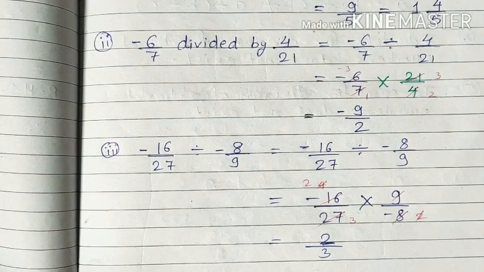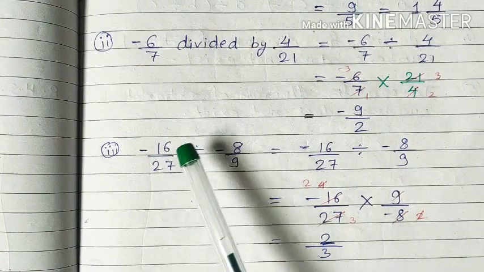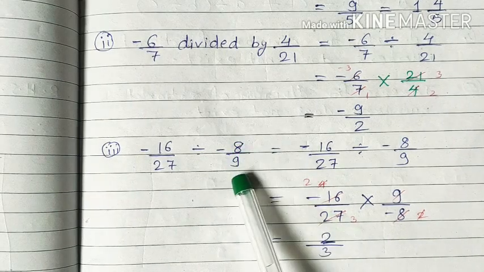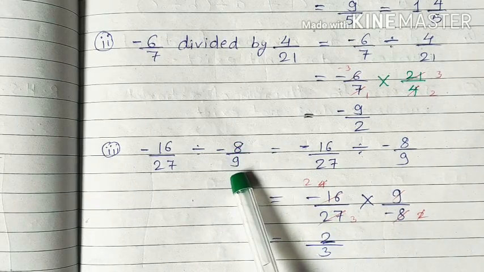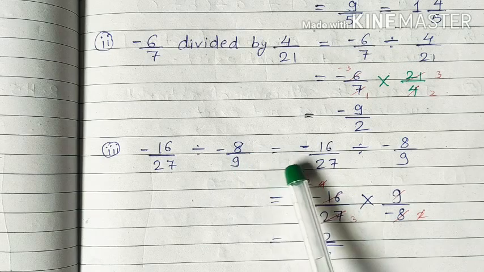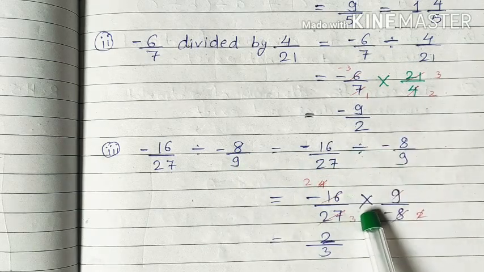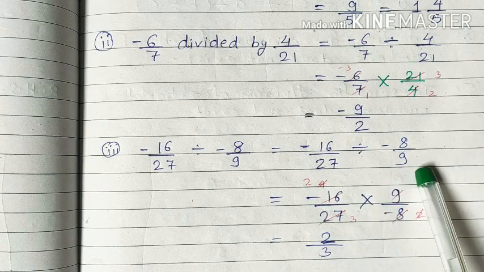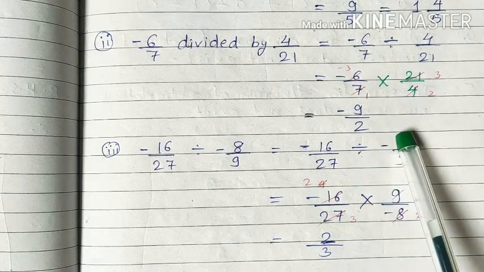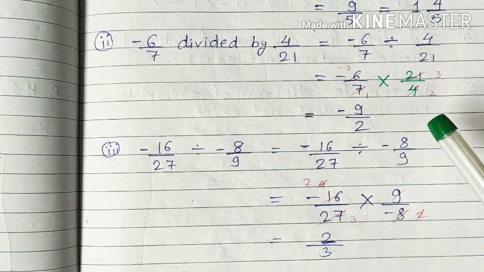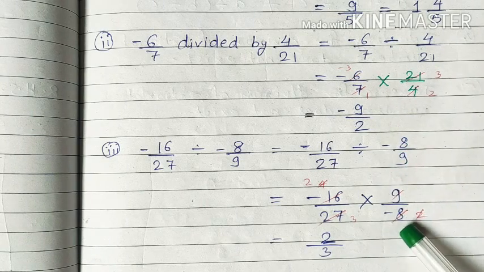Third example. Minus 16 upon 27 is divided by minus 8 upon 9. So what can we do? Convert the division sign into the multiplication sign and make a reciprocal of this number. So what will be the reciprocal? It will be minus 9 upon 8.